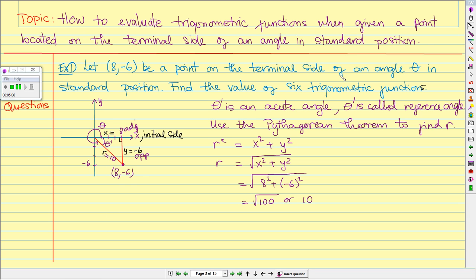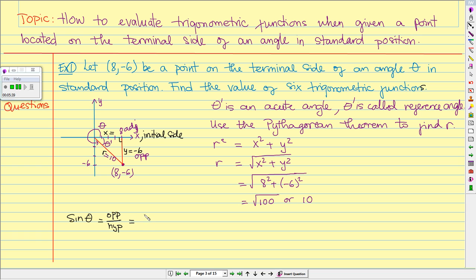So now we are ready to find the values of the trigonometric functions. Let's start with sine. Sine of the angle theta is still the same thing as sine of the reference angle theta prime, so it's opposite over hypotenuse.